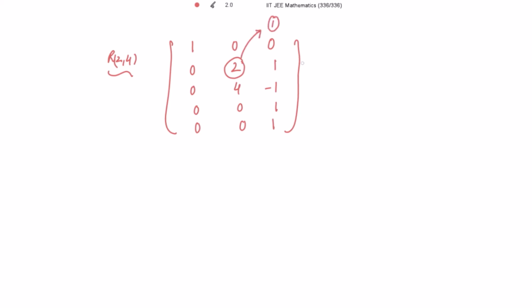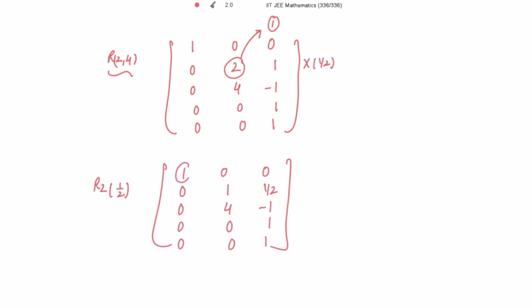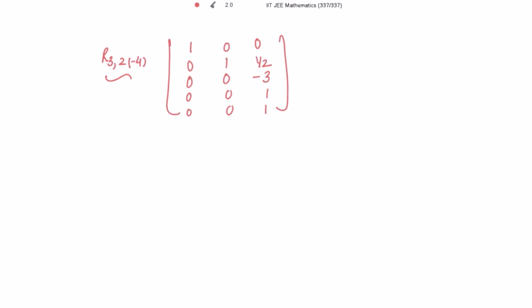For that, multiply the elements of row 2 with 1/2. So now we have leading entry 1 in the first row and leading entry 1 in the second row. Getting 0 in place of 4: multiply the elements of row 2 with -4 and add these elements to row 3. So now we are getting all the entries to be 0 below and above the leading entry for row 2.